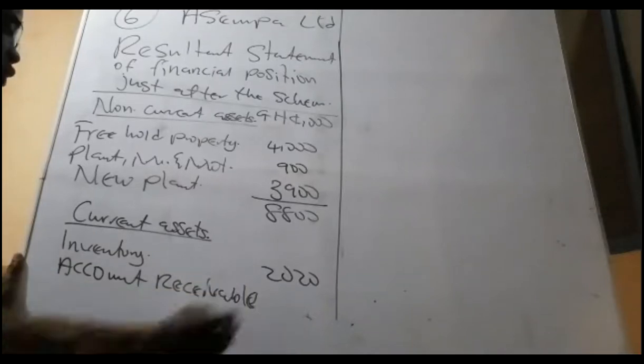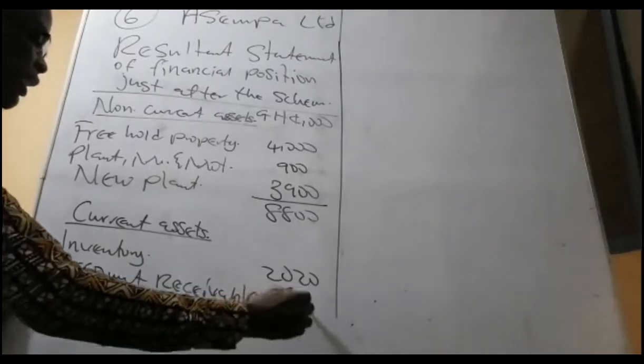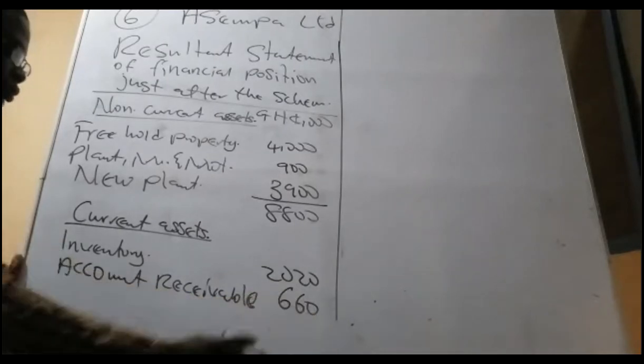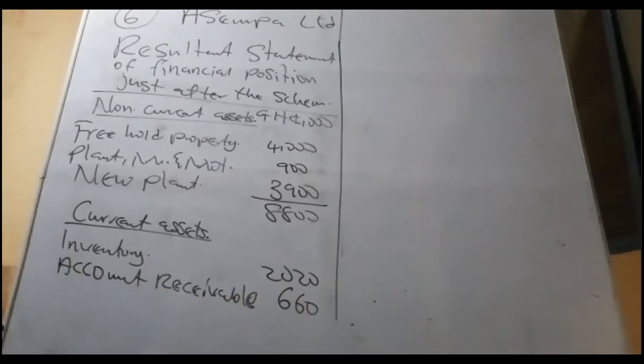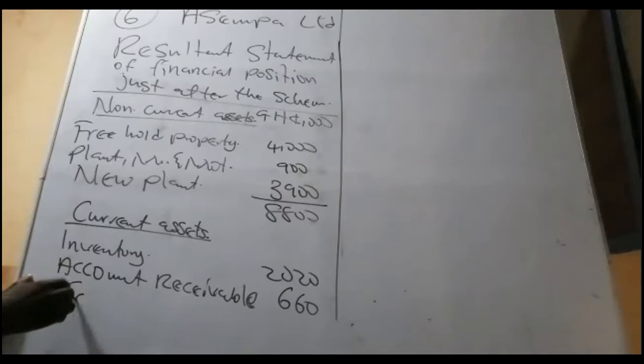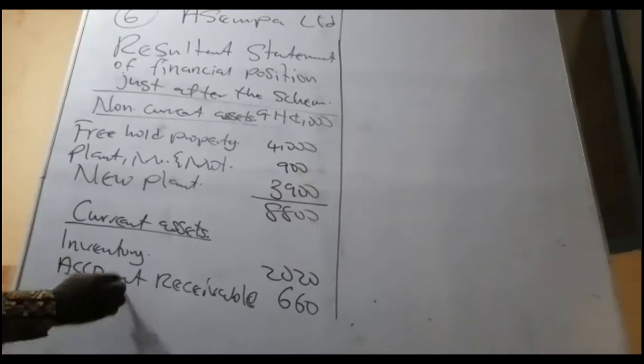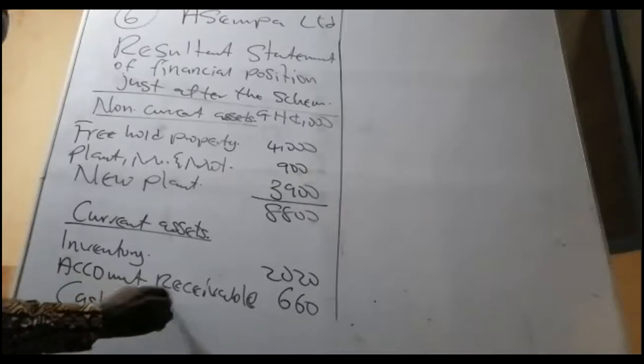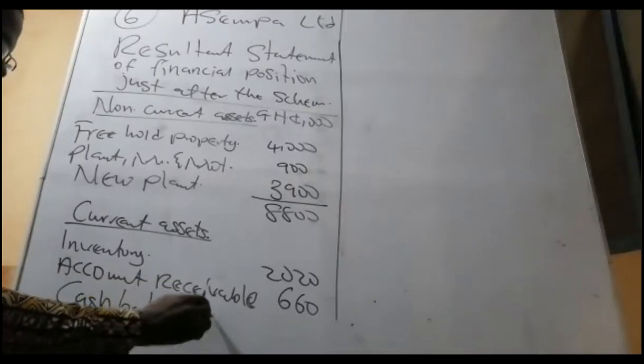No shortcut. It was 660 going concern value. Pick the going concern values. Then here, you write your cash, the cash balance, in brackets, that is a working capital requirement.